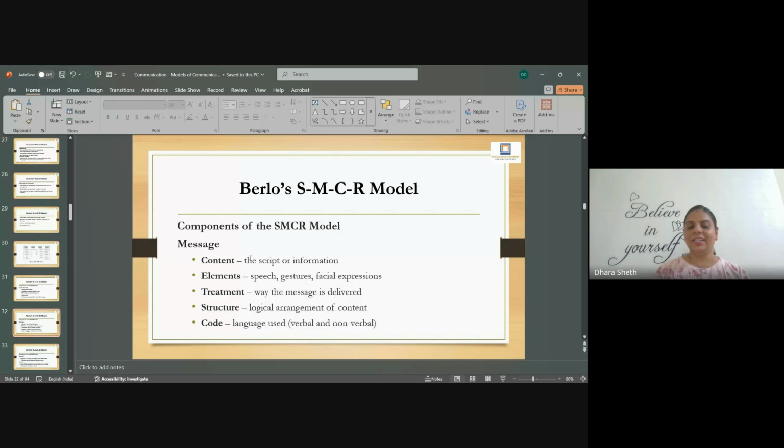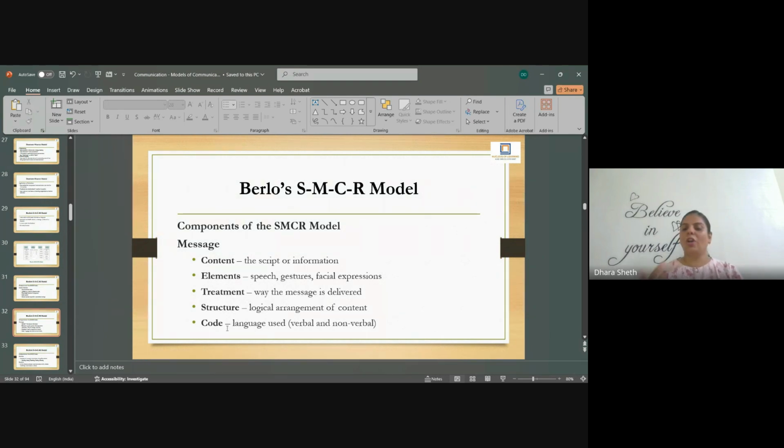Message: the content is script or information, elements of it, speech, gestures, facial expressions, the way the message is delivered, politely, angrily, enthusiastically, with a lot of sadness. Structure is the logical arrangement of the content, the sequence of the content, and code is the language used.